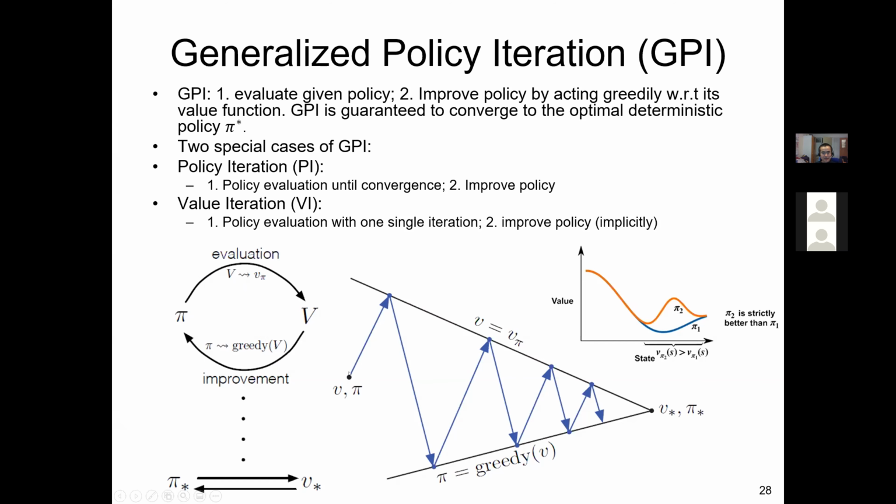They always iterate between policy evaluation and policy improvement, except PI iterates the policy evaluation until convergence, maybe thousands of steps, and then does one step of policy improvement, whereas VI does one step of policy evaluation and one step of policy improvement. So it's a more frequent switching between these two.